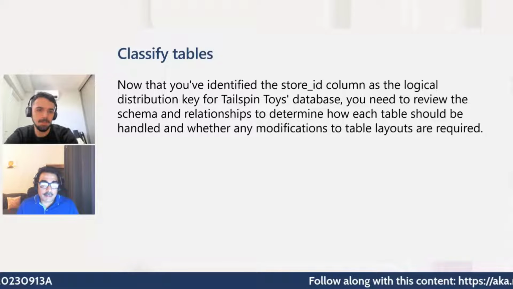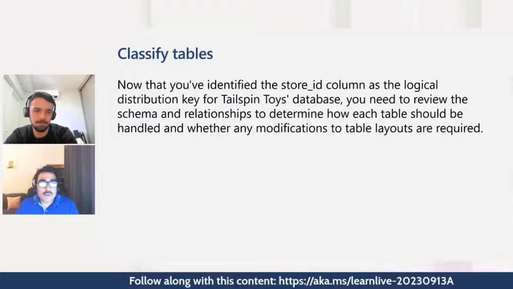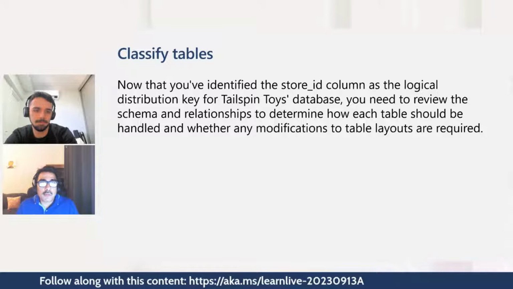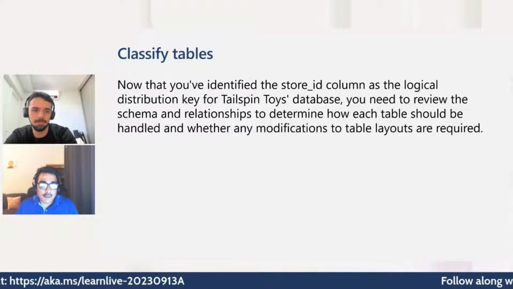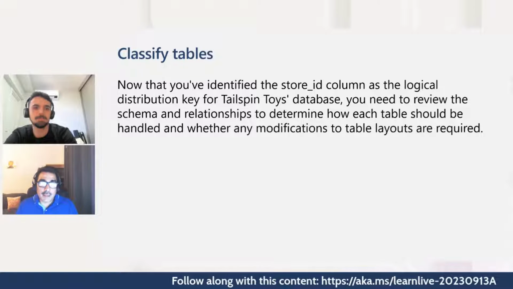So in this case, with Tailspin Toys, with this application, store ID is the column we have identified as making a logical distribution key. The reason is that most of the transaction orders coming in are by store ID.